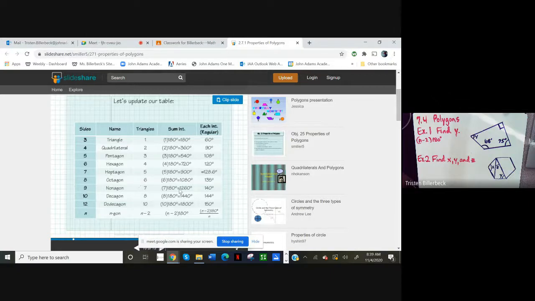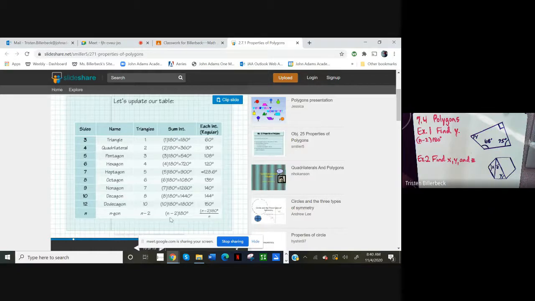And this goes through how you would find each of them. So in the end, we see this is an octagon. There's 6 triangles, but there's 8 sides. So that's where n minus 2 comes from. So if I subtract 2 from 9, I get 7 triangles times 180 to get my interior angle sum.